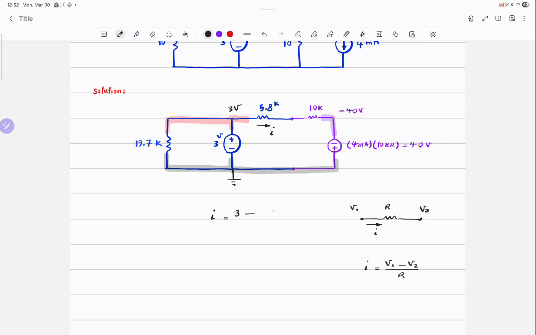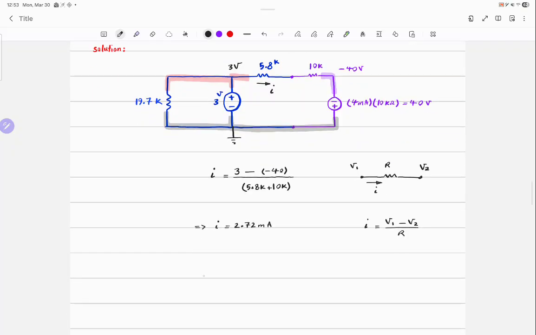3 minus negative 40 divided by 5.8k plus 10k. Do you agree with that? I is equal to 2.72 milliamps.